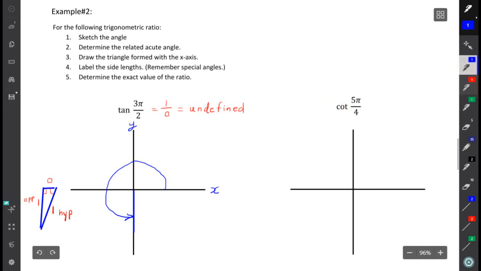Looking over to this triangle, we have a cotan of 5 pi over 4. So if we go 5 pi over 4, 4 pi over 4 would take us a complete pi, and then that would be one more pi after that. So that would take us to about halfway through here. And that would be 5 pi by 4.